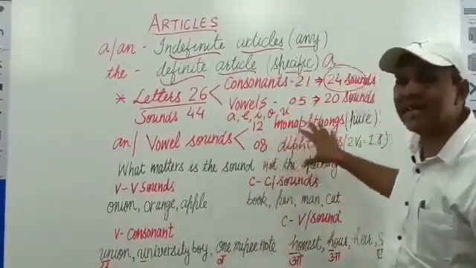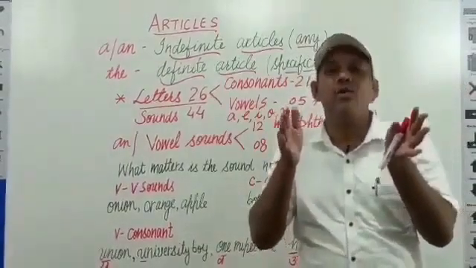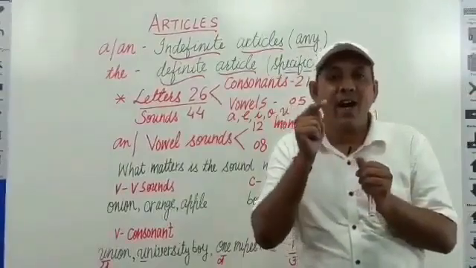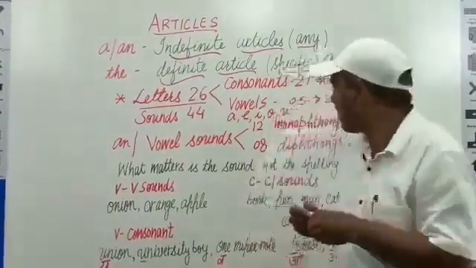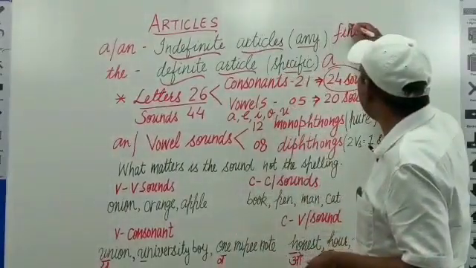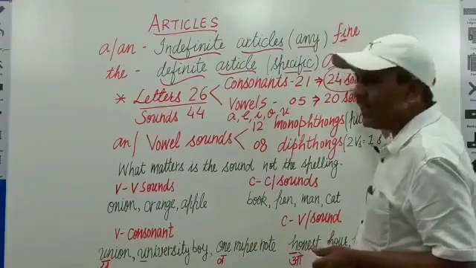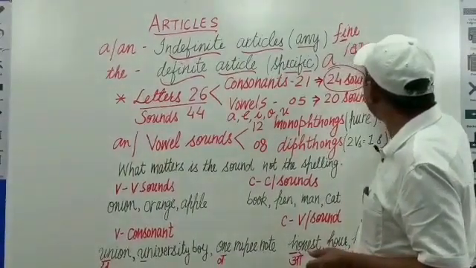That's why they are known as diphthongs. As in the case of fine, F-I-N-E. Here the letter I in the word fine, F-I-N-E, this letter I produces the sound of I.